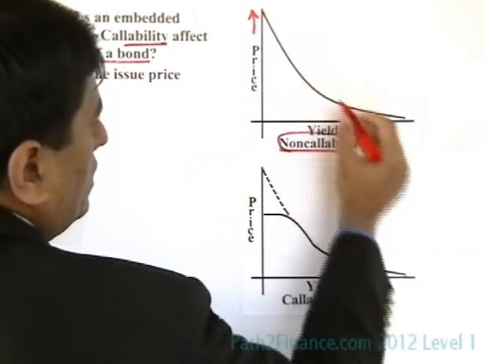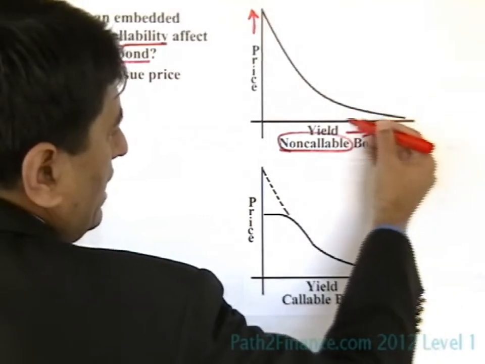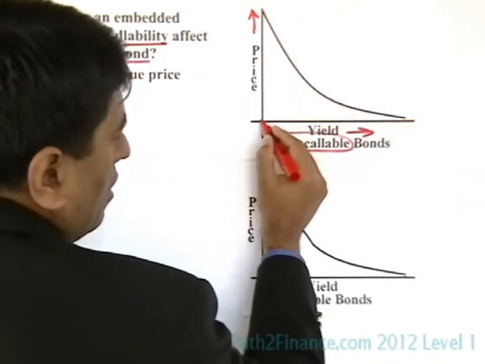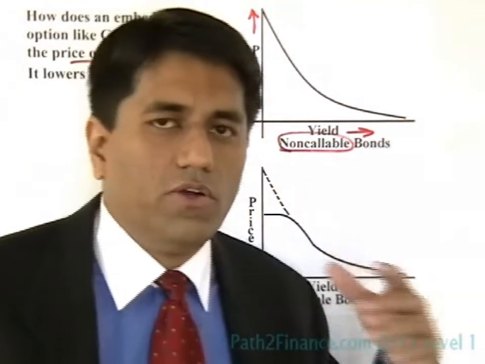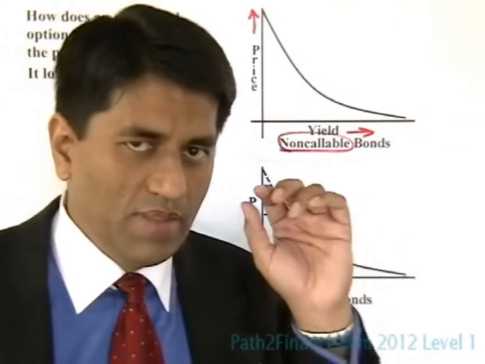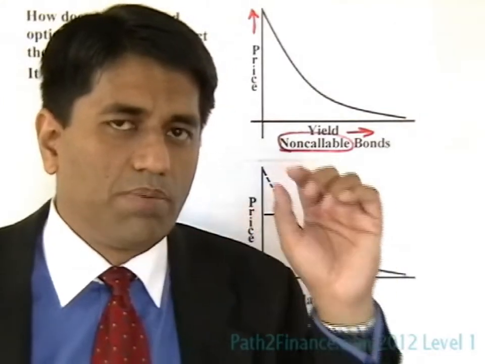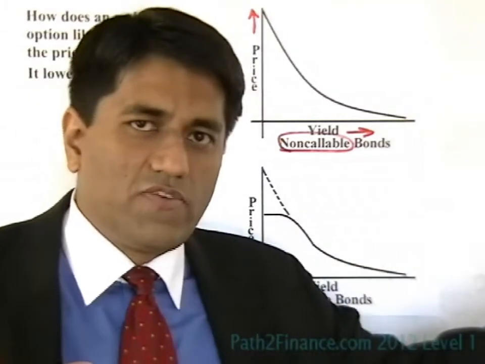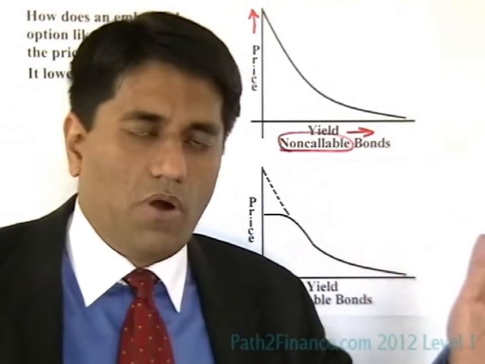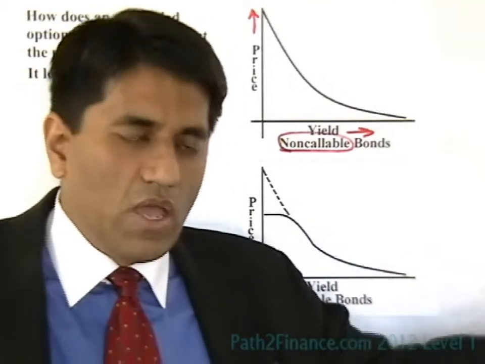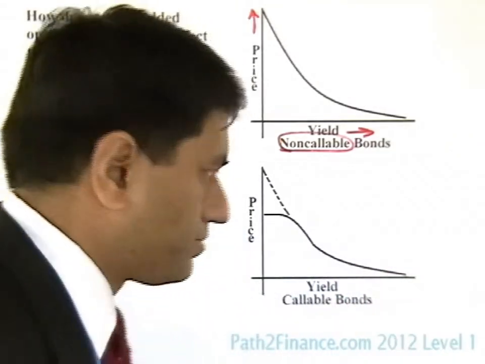For this bond, as the yield keeps falling, the price of the bond keeps rising. When the yield is 0, what do you think the price of the bond should be? Well, for a 0 yield, the price of a bond would simply be the sum of the face value and all the coupons, because the discount factor will be 1, so everything will just add up.